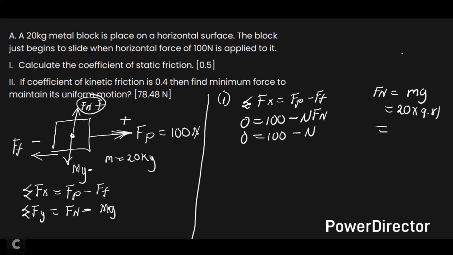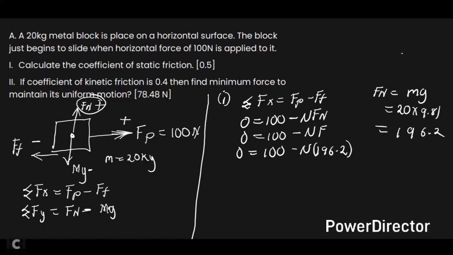After you have multiplied 20 times 9.81, you will find the answer as 196.2. So 0 is equal to 100 minus mu times 196.2.